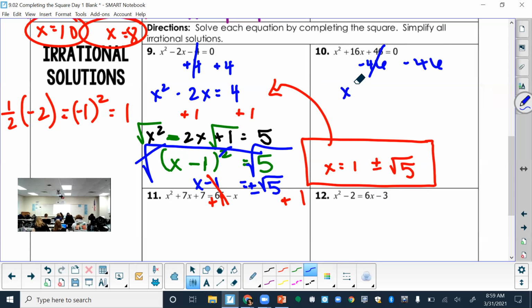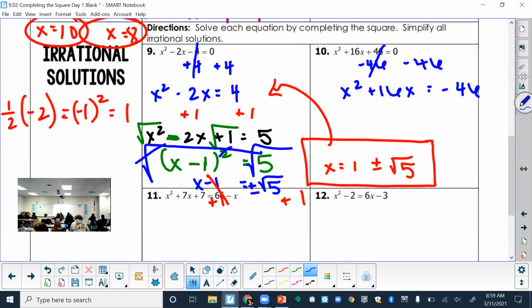On the left, we have x squared plus 16x. What do I have on the right? Negative 46. So 0 minus 46 is negative 46. All right, now we did the first step.